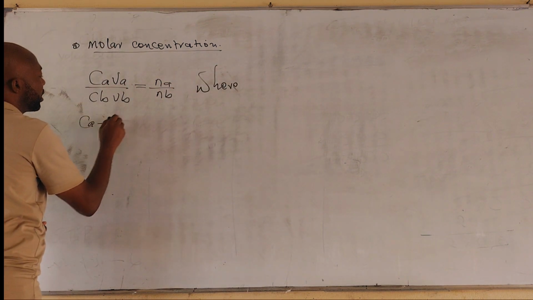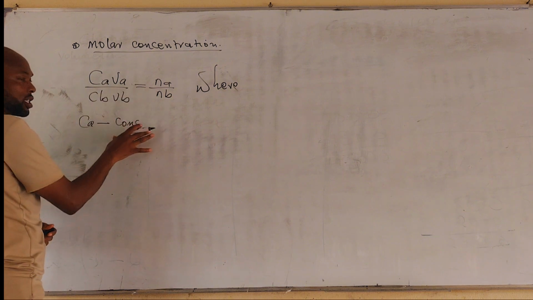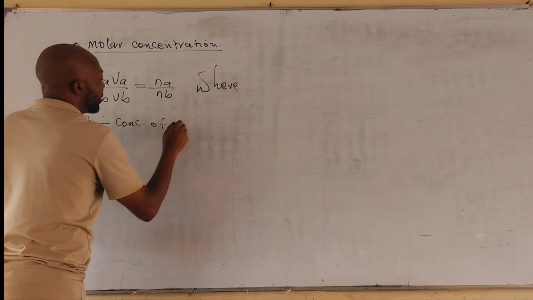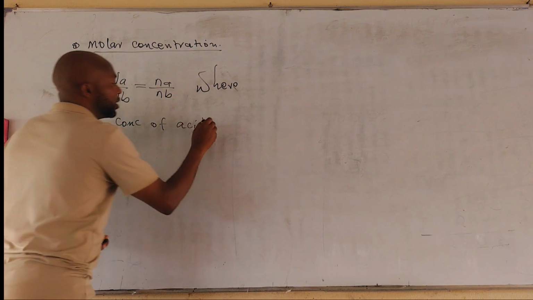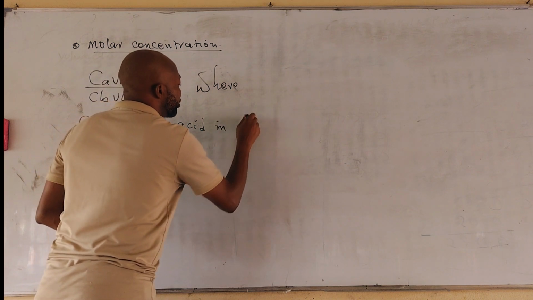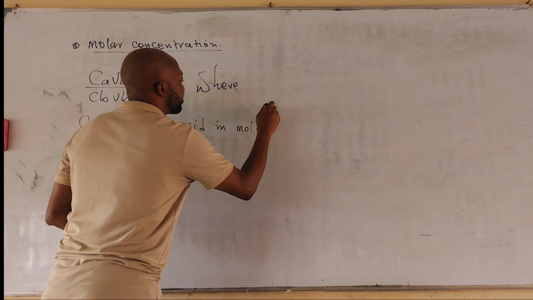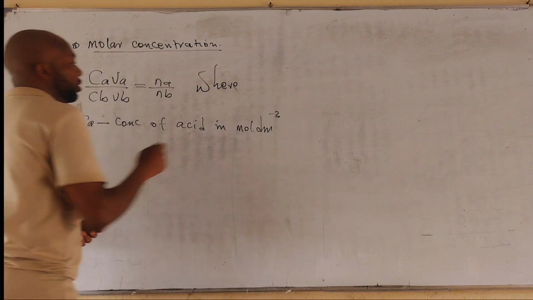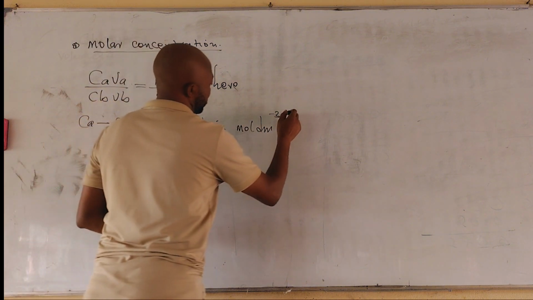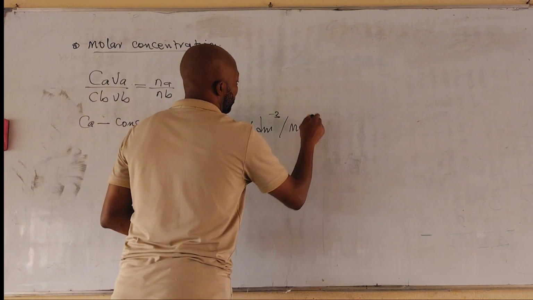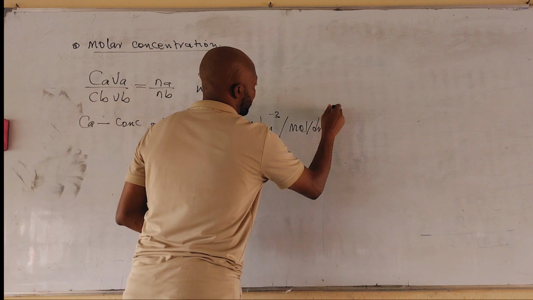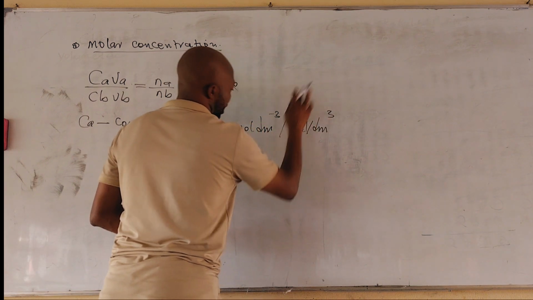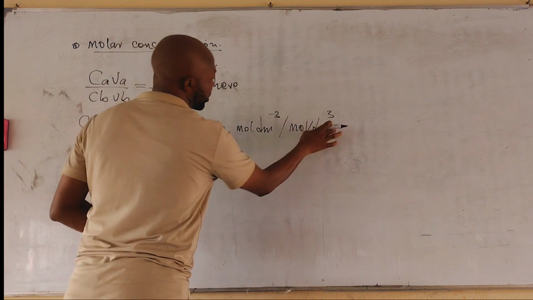CA is concentration, I'll write it in short, of acid in mole per dm cube. Either you write it in this way or this way.